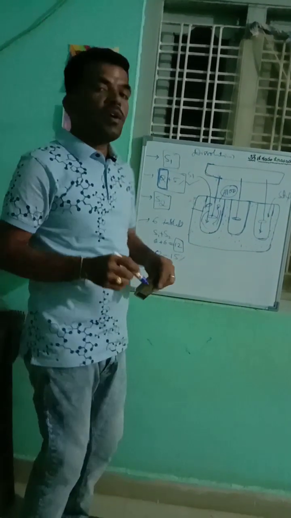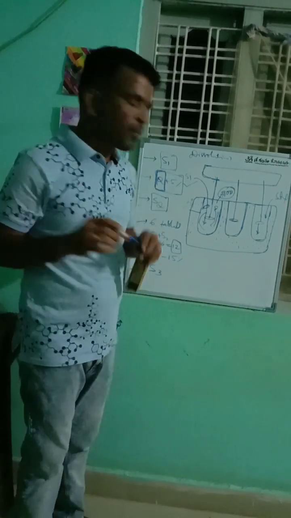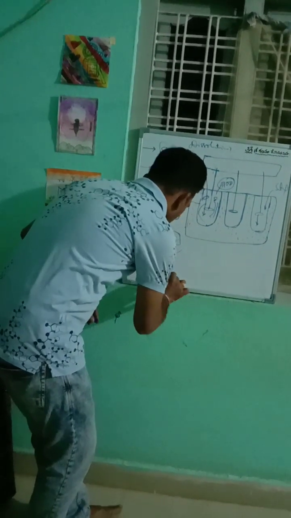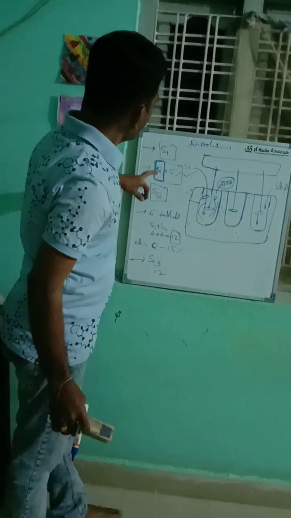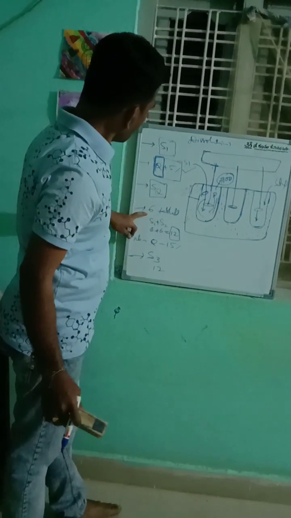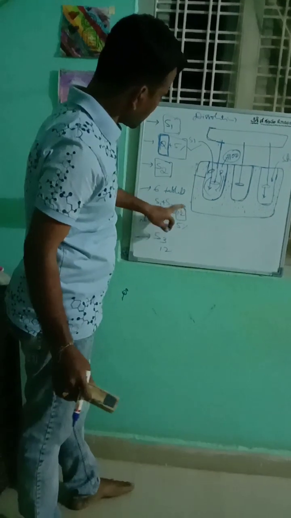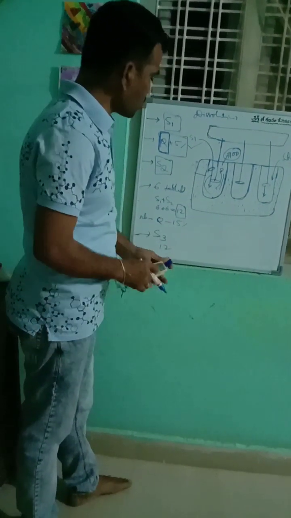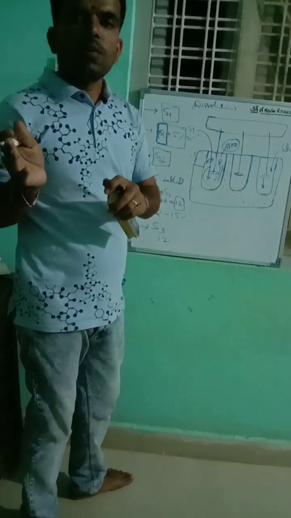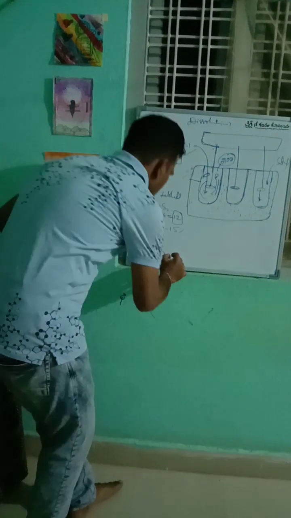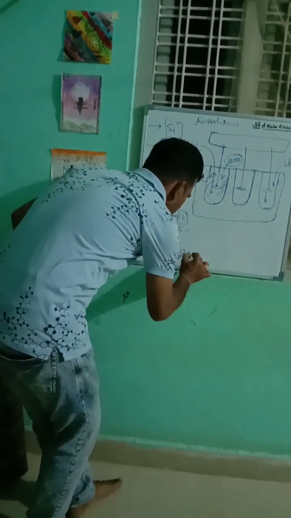In stage 3 you have to perform 12 more tablets. In stage 1, 6 tablets, and in stage 2 also 6 tablets, means 12 tablets, and in stage 3 you have to perform 12 more tablets. So totally 24 tablets you have to perform.